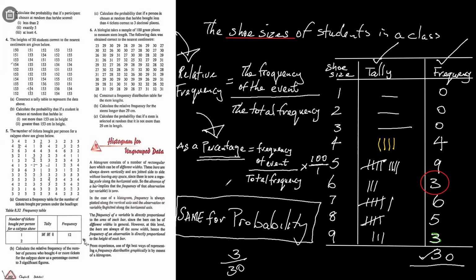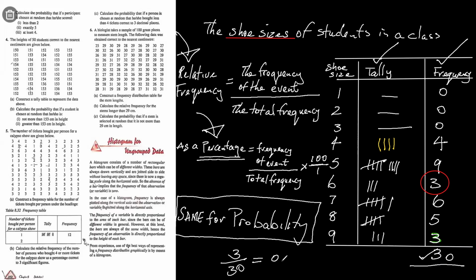So what we were saying is that the probability or the relative frequency, same thing, is the frequency of the event over the total frequency. So 3 over 30 is how much?